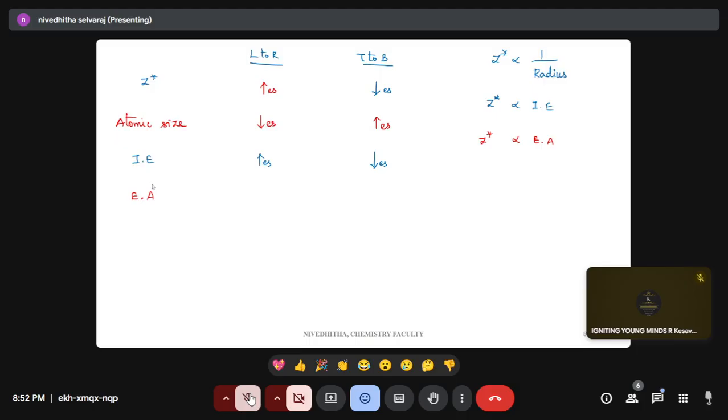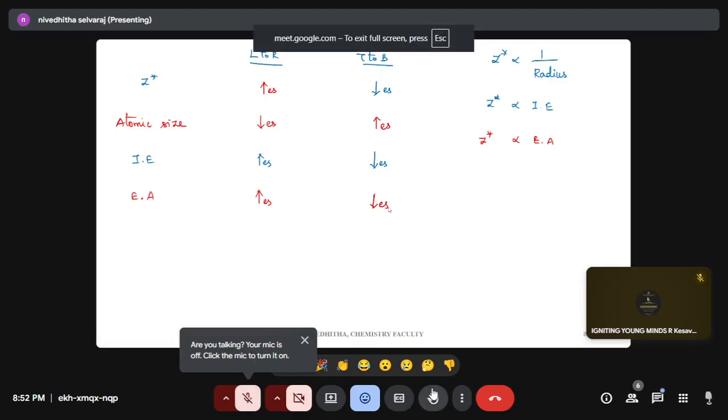As we move from left to right, effective nuclear charge is more. If effective nuclear charge is more, then electron affinity also will be more. As we move down the group, effective nuclear charge decreases, so electron affinity will also decrease. So this is the order.